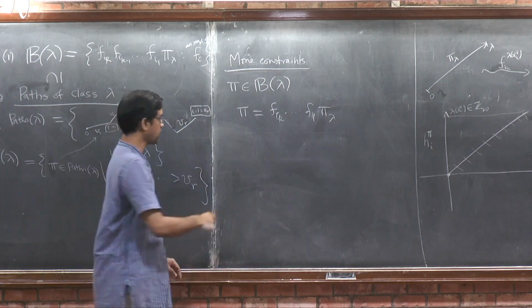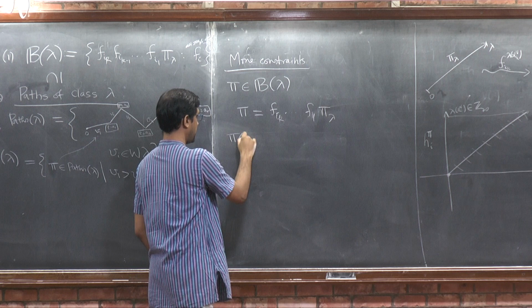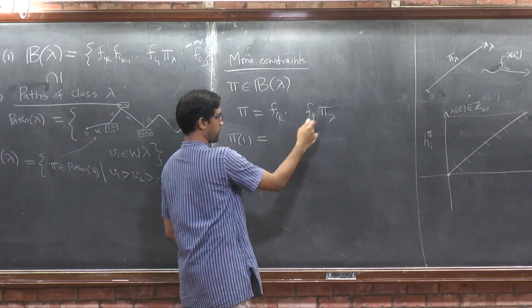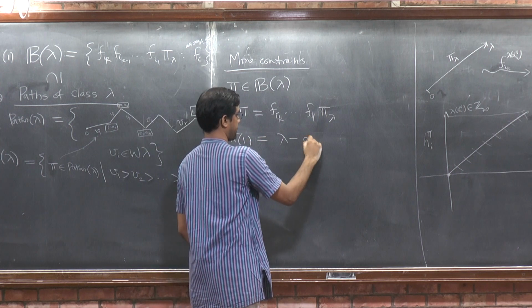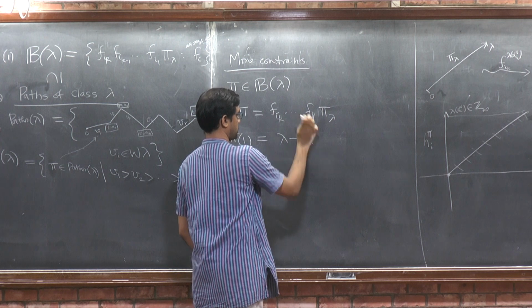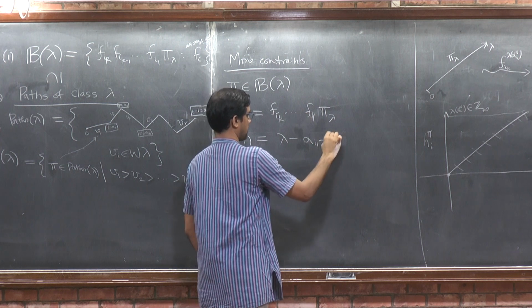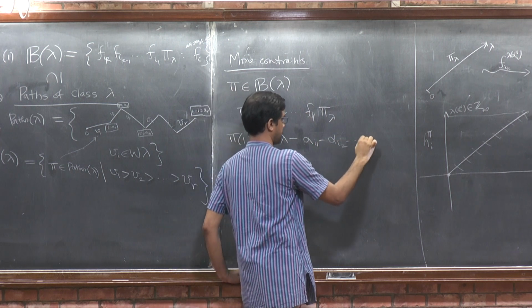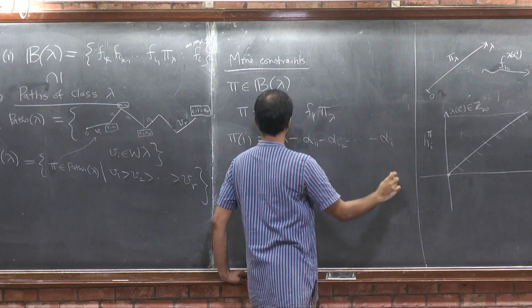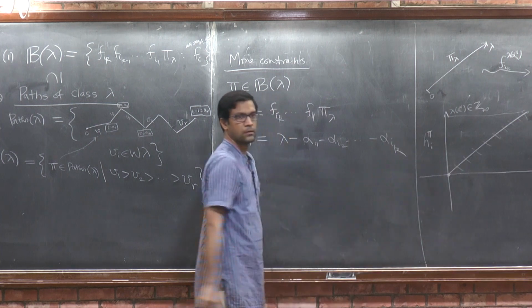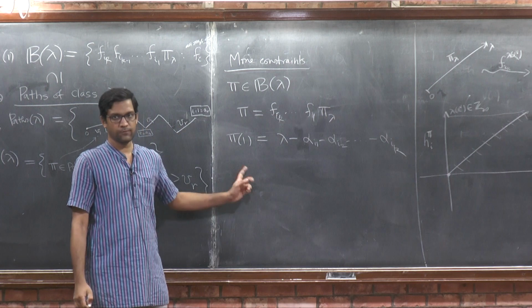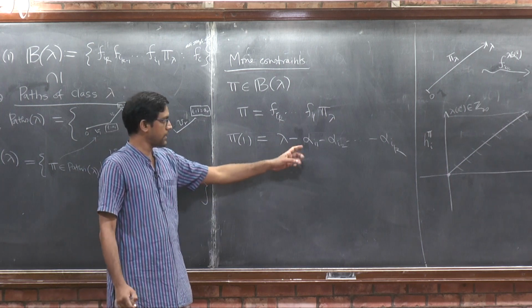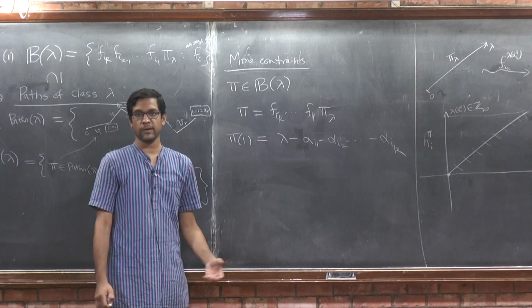Any string of f's will lower the endpoint by the appropriate amount, so this is, if you wish, minus alpha I1 minus alpha I2 and so on. The endpoint of this path will therefore look like lambda minus some element of q plus.